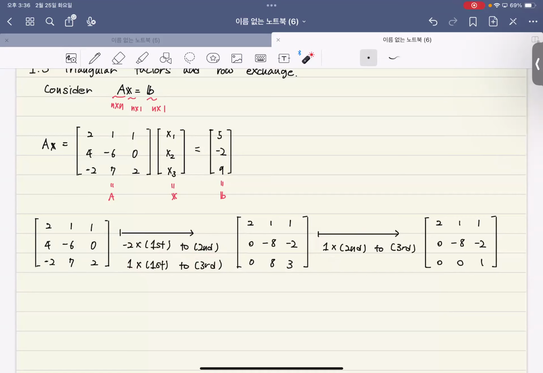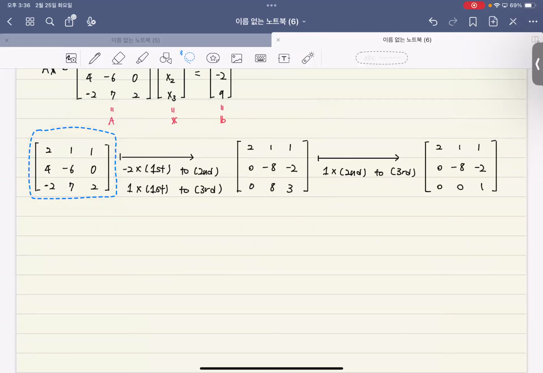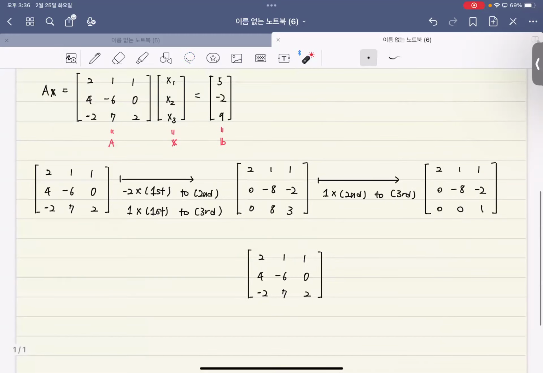Okay. Now I am writing everything in terms of matrix multiplication. This is my original matrix A, right? And I have performed these elementary row operations.